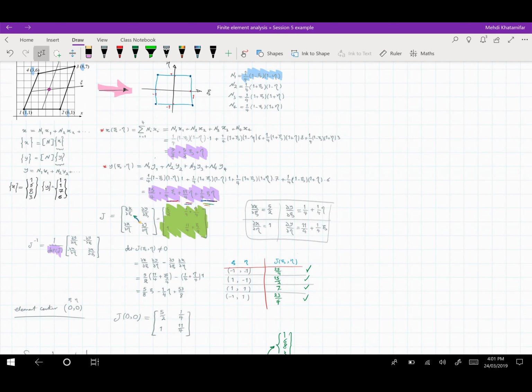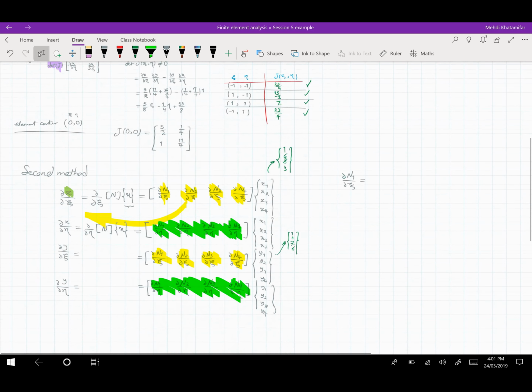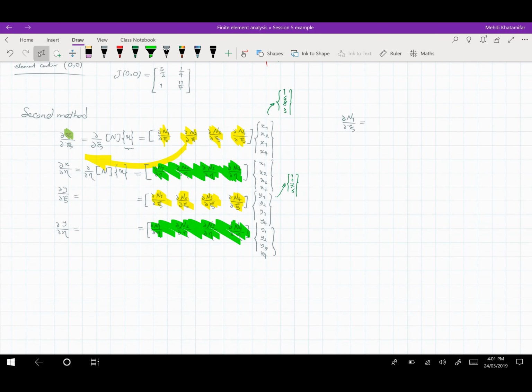If I differentiate over psi, it is going to be negative 1 over 4 times 1 minus eta. N2 over psi is going to be 1 over 4 times 1 minus eta.